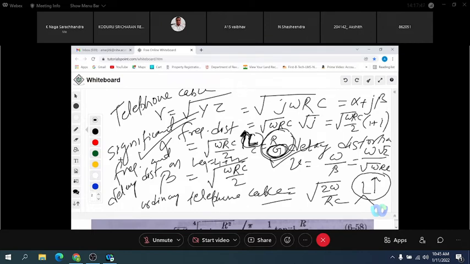Z is equal to R plus j omega L. Since we have done inductance loading of the telephone cable, now Z is equal to R plus j omega L, and we have to increase the value of inductance. What about the shunt admittance? It is j omega C. Good.